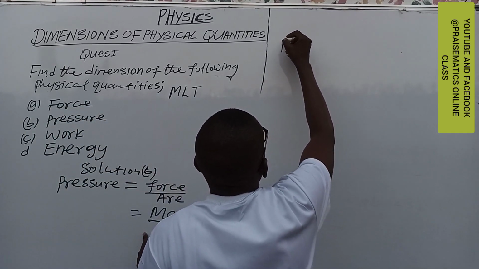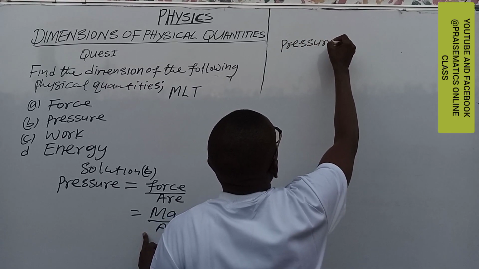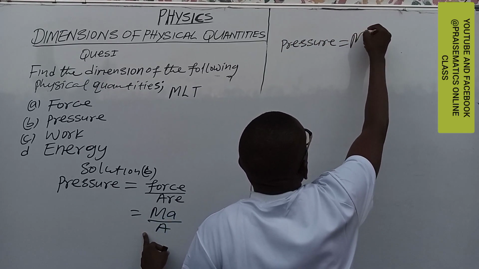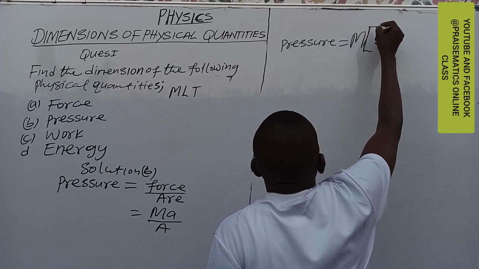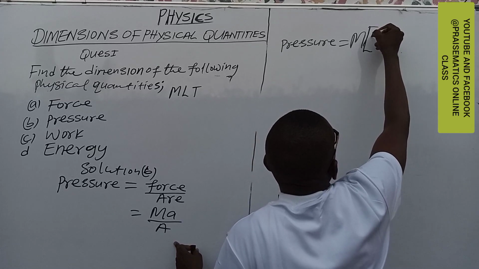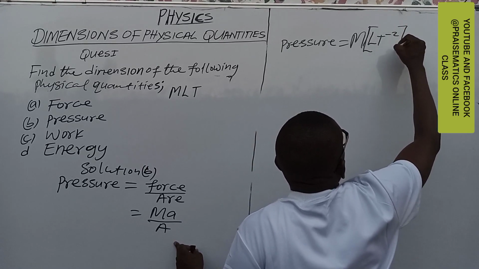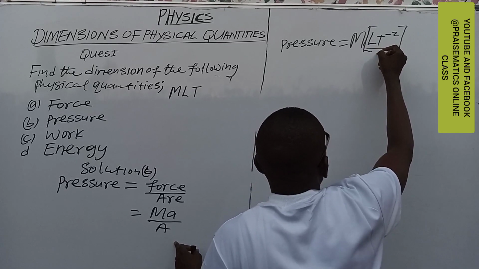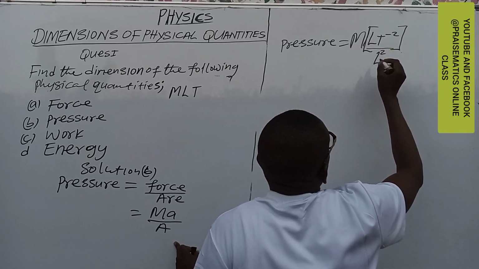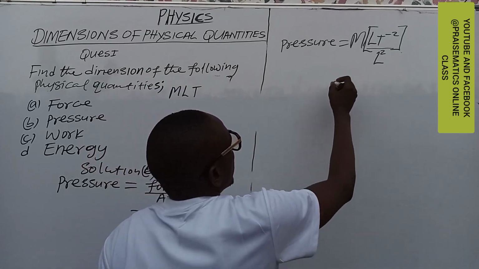Pressure is equal to M, which is untouchable, remember our acceleration, L T raised to the power minus 2 from the one that we solved, all over our area, which is always L raised to the power 2. That is area: length times length.